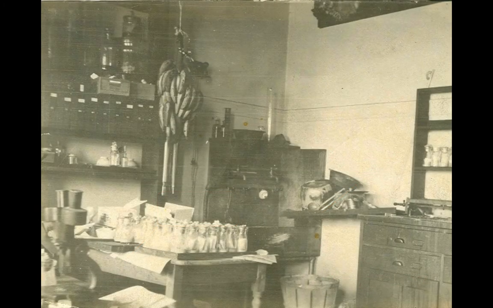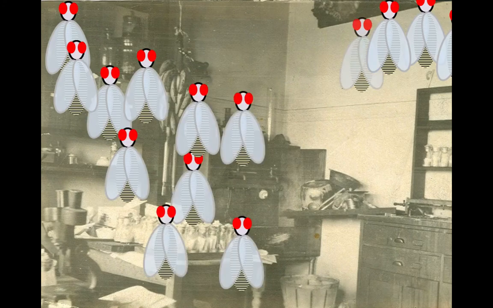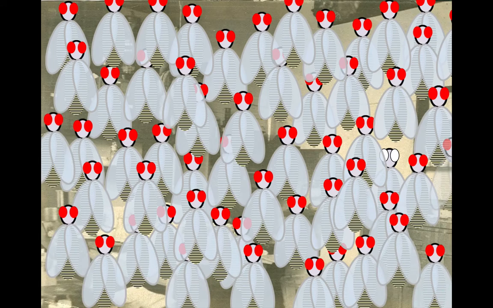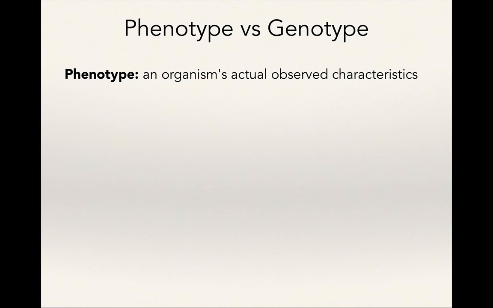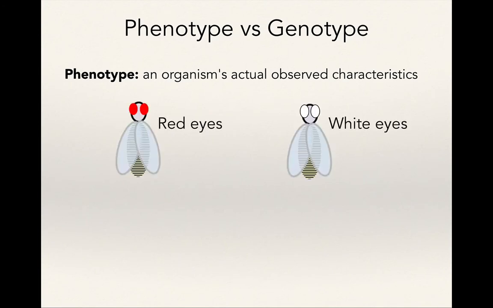When Thomas Hunt Morgan was mutagenizing flies in order to create new species, initially all of his flies looked exactly the same. However, he noticed one rare fly that looked different than all of the others. What Thomas Hunt Morgan noticed was a different phenotype. A phenotype is an organism's actual observed characteristics. Most of the flies that Morgan observed had red eyes.